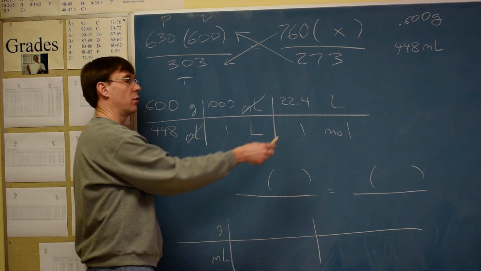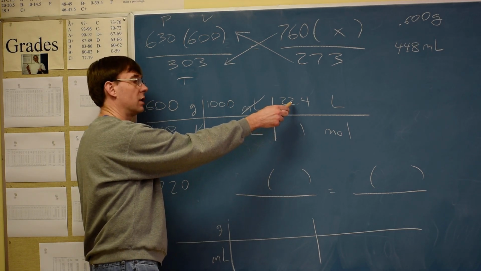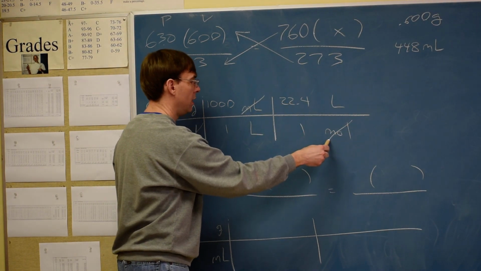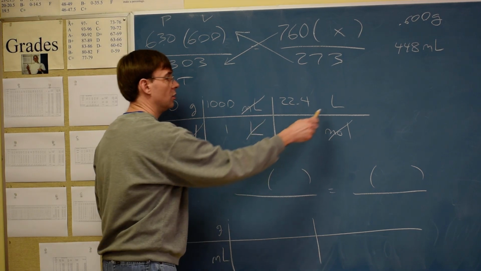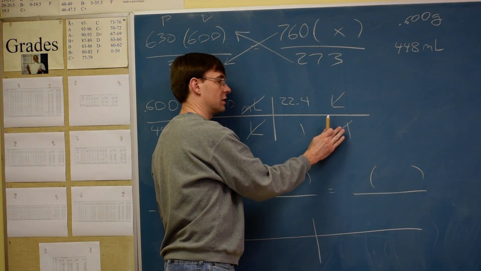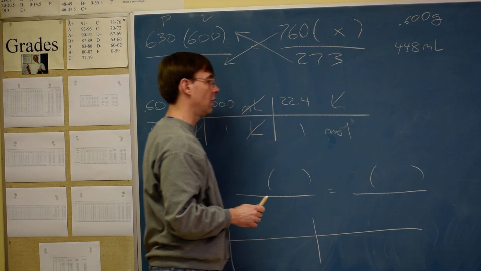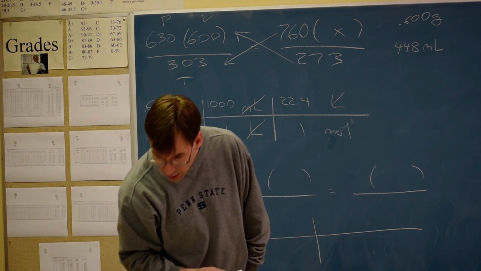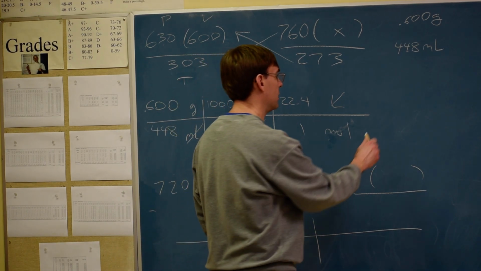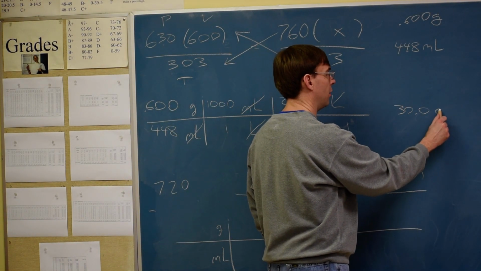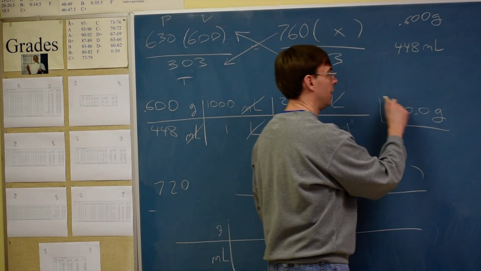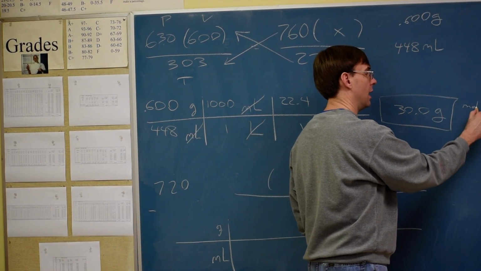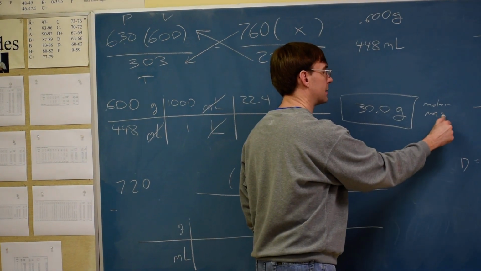We did a whole chapter where we used 22.4 liters constantly. 1 mole is always 22.4 liters, and I shouldn't have crossed out moles, I got a little carried away when I was crossing off. If we do the math on this, we are going to get 30.0 grams. That is the molar mass.